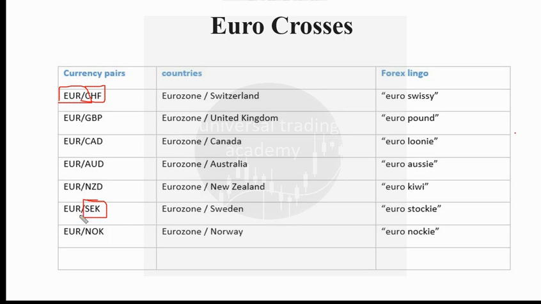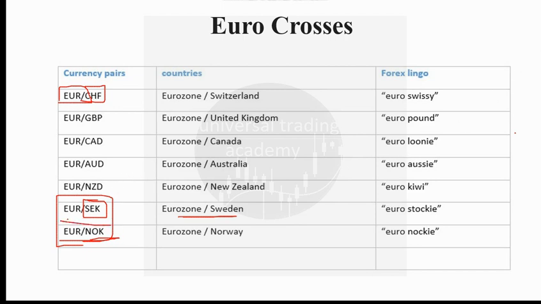Like here we have the Euro Swedish Krona and the Euro Norwegian Krone. These are some of the cross currency pairs you will find in the market.